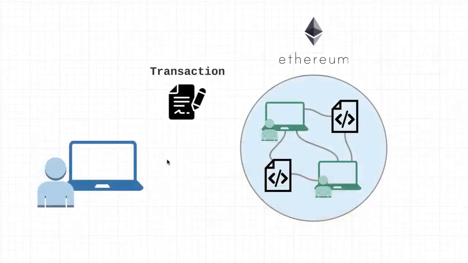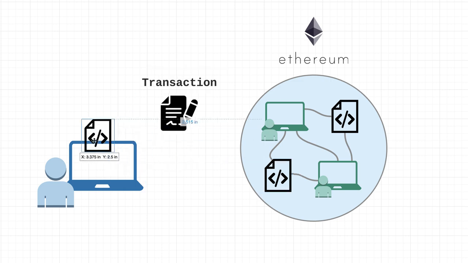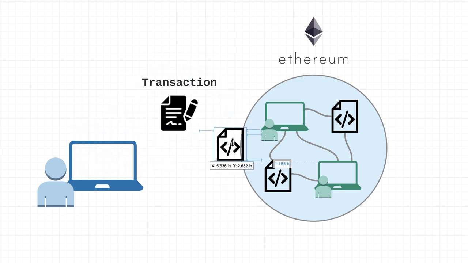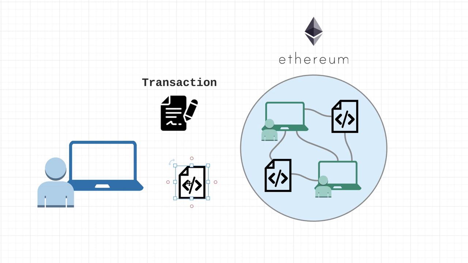Now, before I let you guys go, I do want to mention one other thing, and that is in addition to creating a transaction and having the recipient be either an EOA or an existing smart contract, there is one other type of transaction. There are actually a couple different types, but one other type that I want to mention right now is a transaction for deploying brand new contracts to the network. Now, as a developer, whenever you want to deploy a new smart contract, what you would do is create a transaction and have the recipient be what's called a zero address.